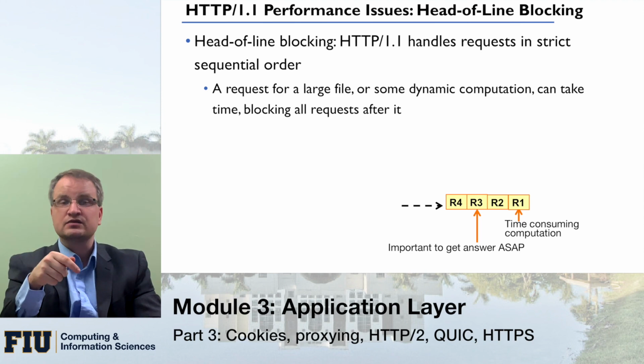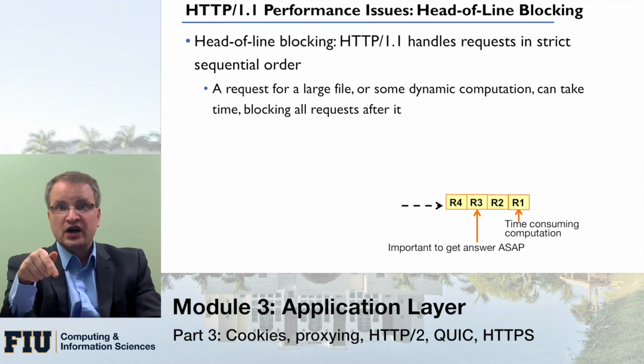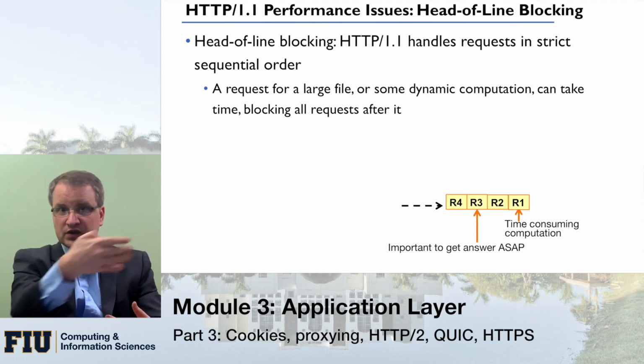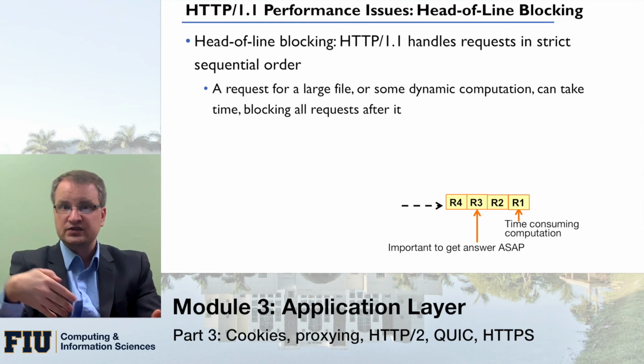Then you have to wait the whole amount of time until the big chunk is delivered to you, and then again you can get your small things. That's the problem of HTTP 1, because you request everything in the pipeline and you receive everything back again in the pipeline.